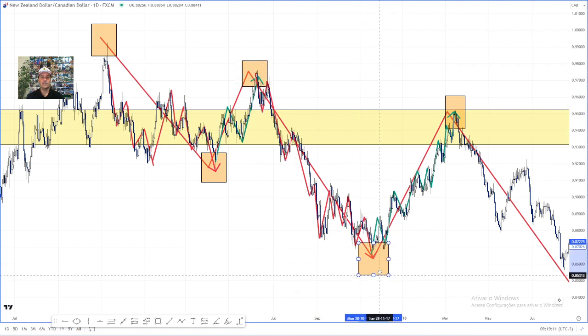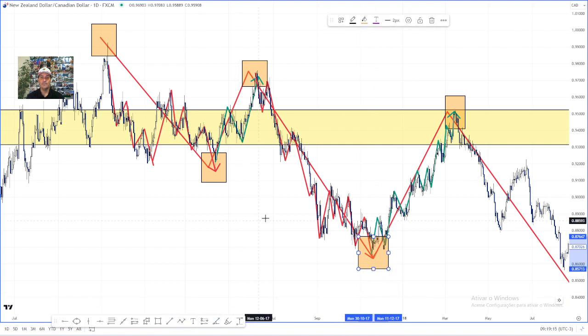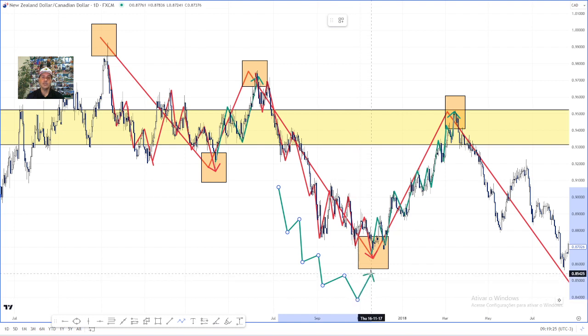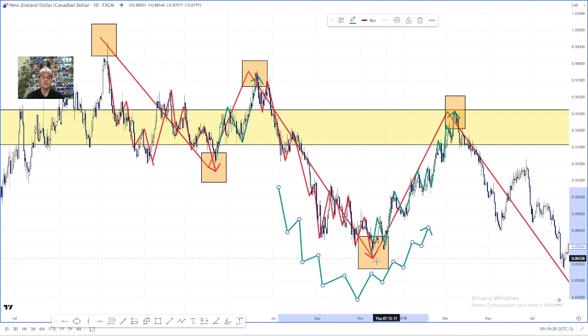This is the relevant low, because I can clearly see that the market was making lower lows, lower highs, but then at some point in time stopped making lower lows, lower highs, and changed direction, started making higher highs, higher lows. So the market went from a down extension back to a retracement.